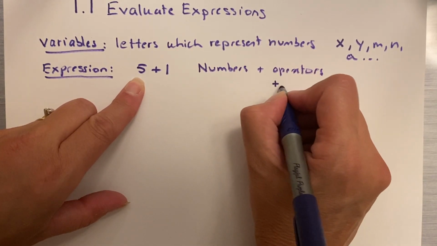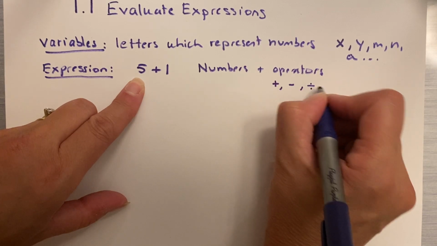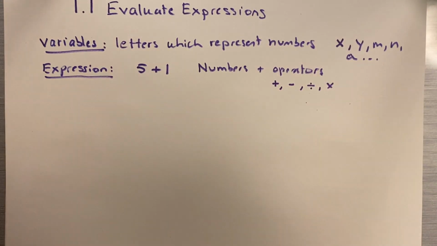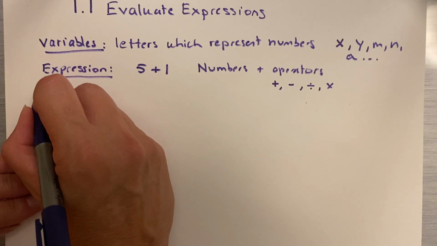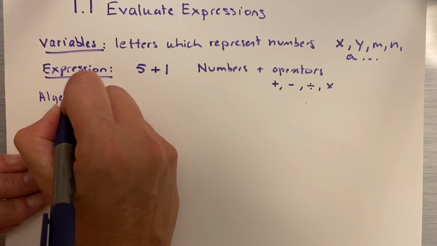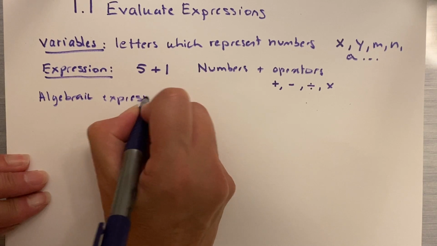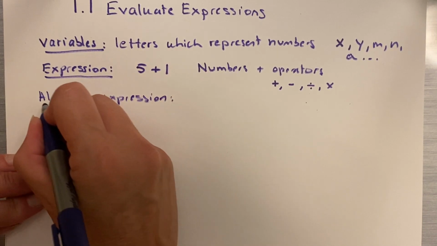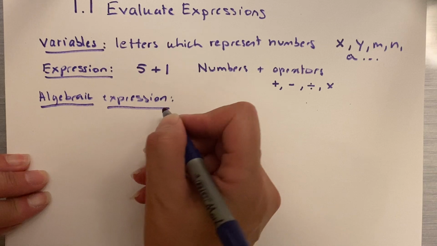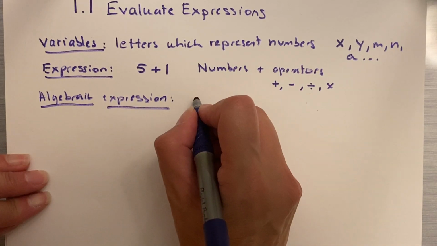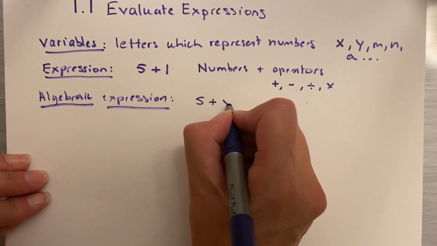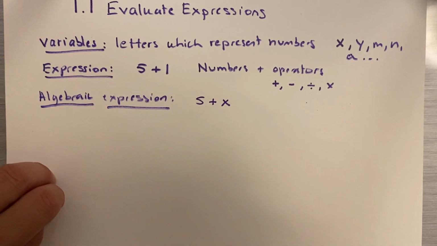Operators being plus or minus or division or multiplication. It becomes an algebraic expression as soon as you add a variable. So 5 plus x is an algebraic expression.